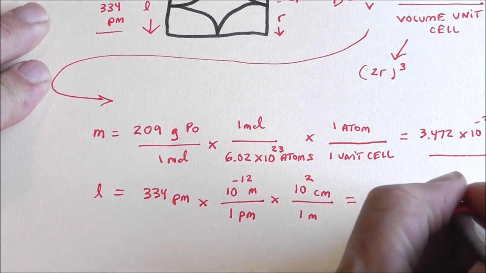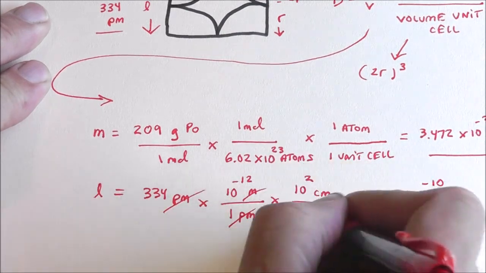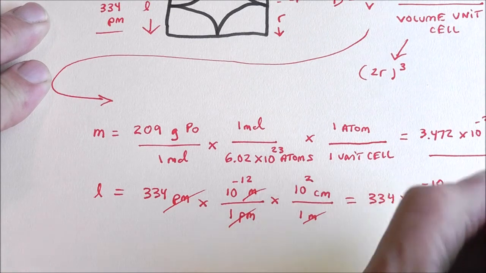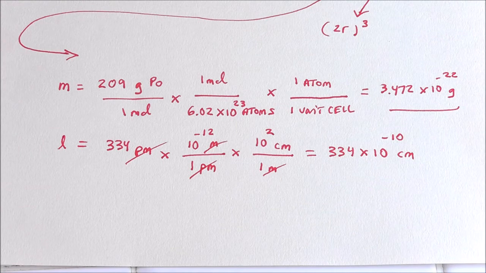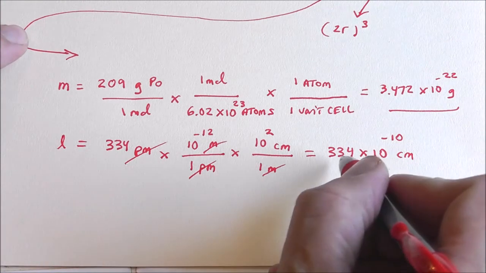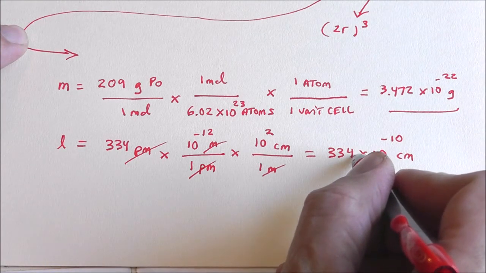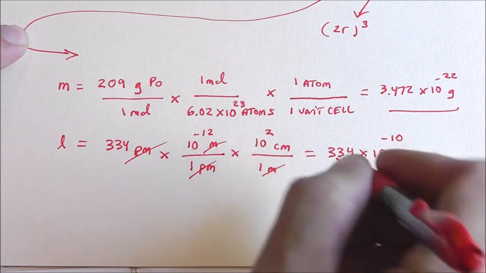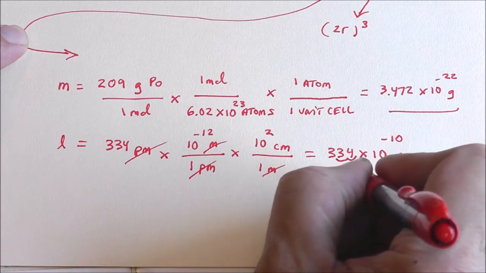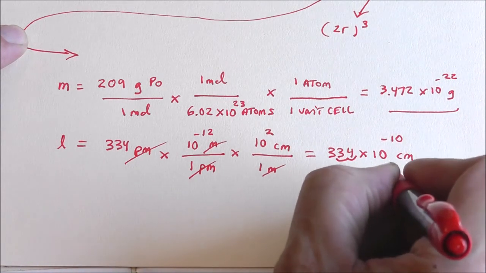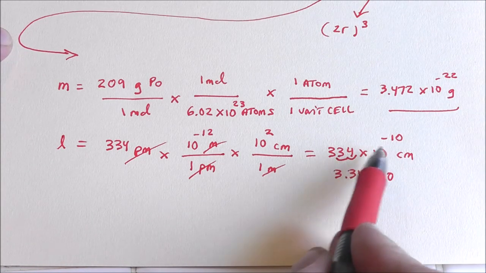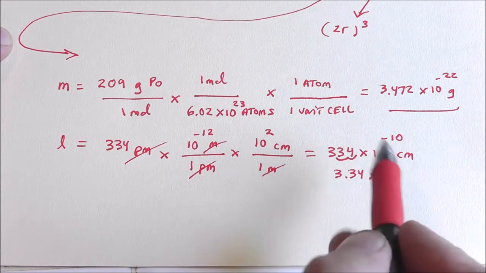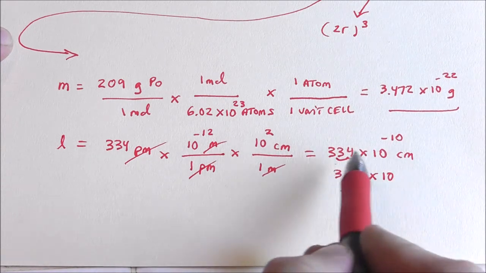Now here comes the tricky part. Yes, that is in centimeters. And I'm going to be a bit of a scientific notation snob. If I'm going to make this correct scientific notation, I need to move the decimal point twice, and that's going to be 3.34 times 10 to the, okay, I made something 100 times smaller here, so I need to make sure I'm not doing the same thing twice.